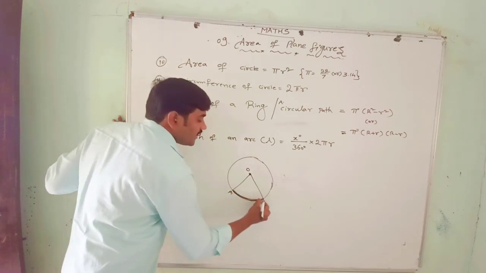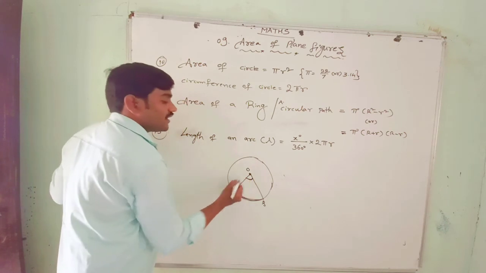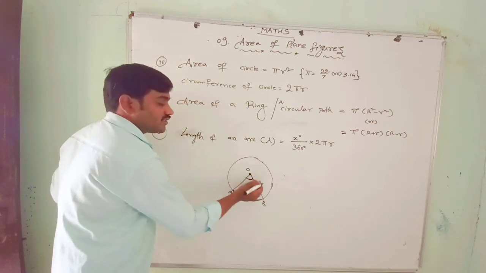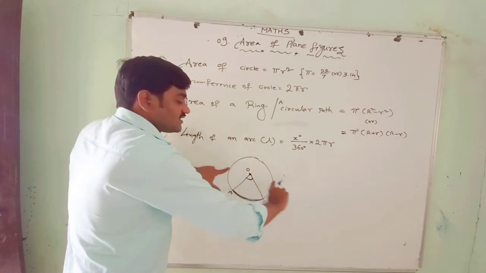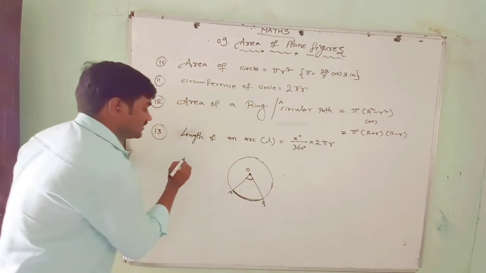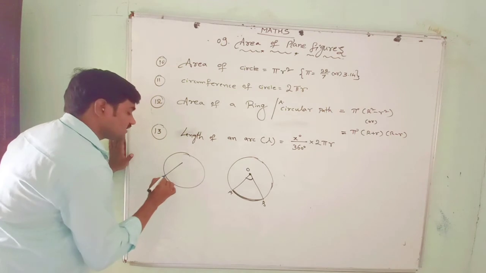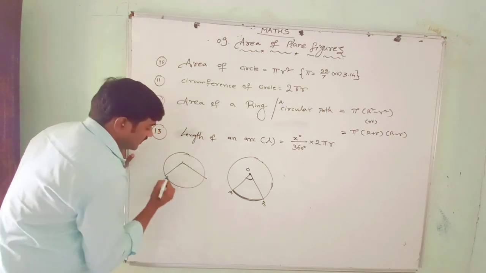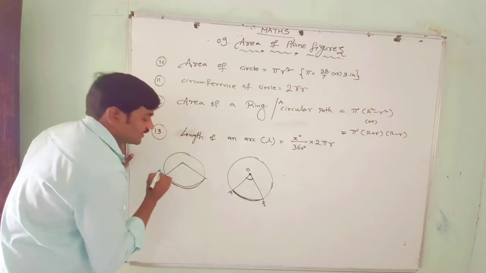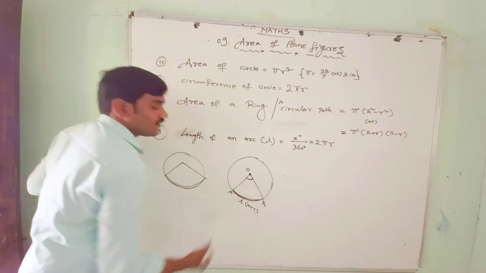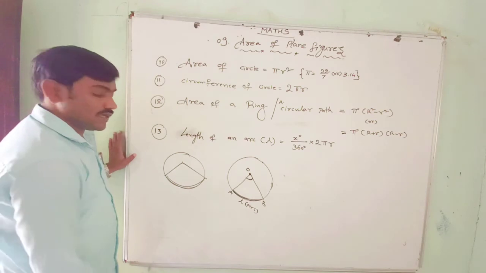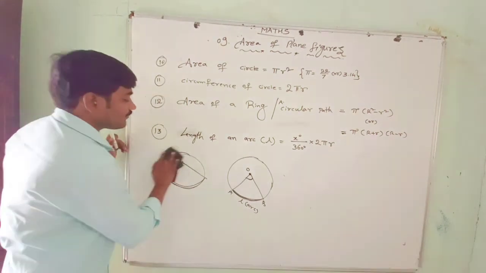This arc depends on the angle subtended between these two radii. If the angle increases, the length of the arc also will increase. This is L actually. L is nothing but the length of the arc.